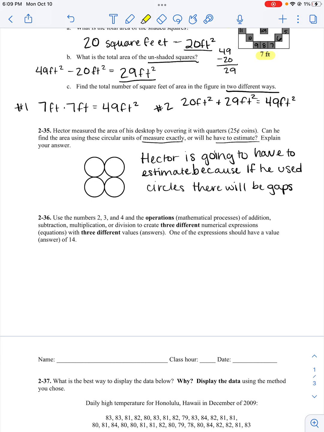What I mean by gaps is this yellow space right here. That's a gap. We can't exactly get the measurement if there's a gap like that.